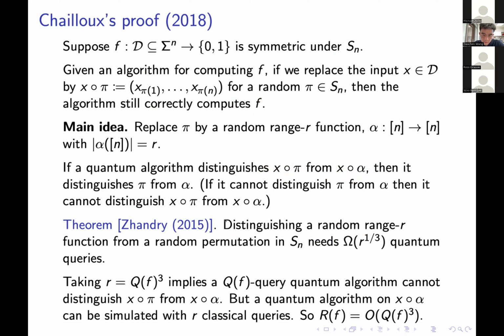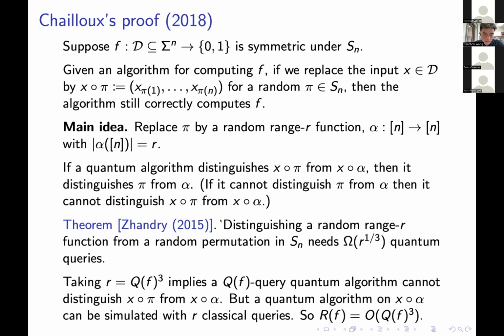In other words, if it cannot distinguish pi from alpha, then it cannot distinguish x composed with pi from x composed with alpha. Now, there's a theorem due to Mark Zhandry from 2015, which says that distinguishing a random range-R function from a random permutation in S_n needs at least R to the 1/3 quantum queries.